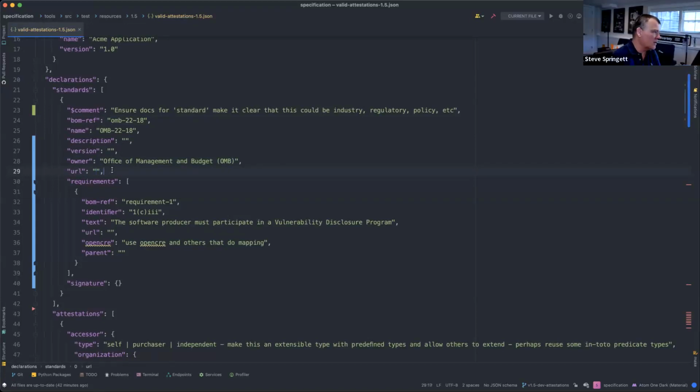Yeah, it was. Technically, we could use an external reference of type documentation, or we could create an external reference type of standard, right? We could do these things.